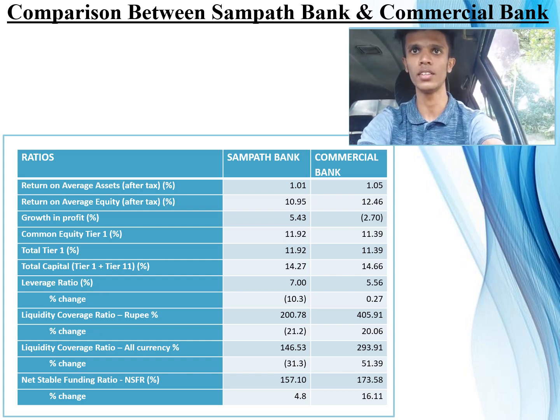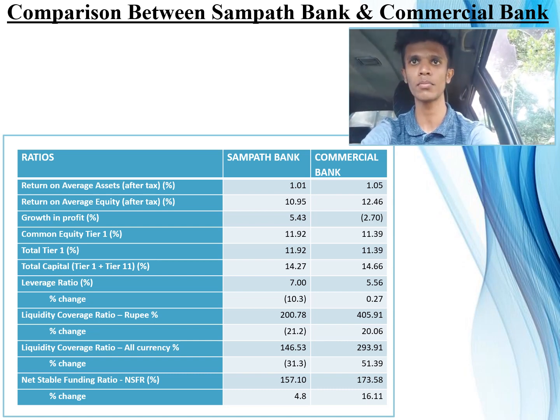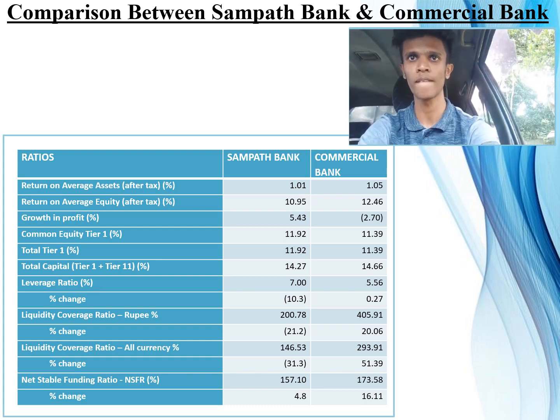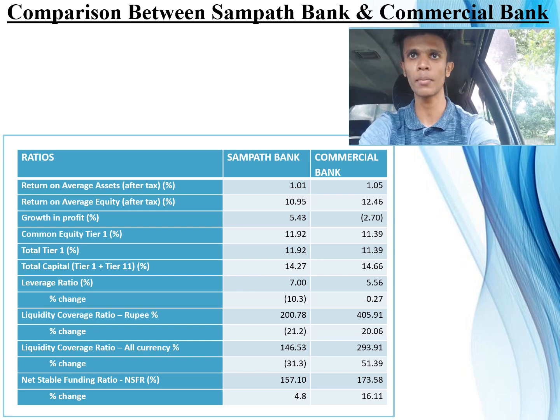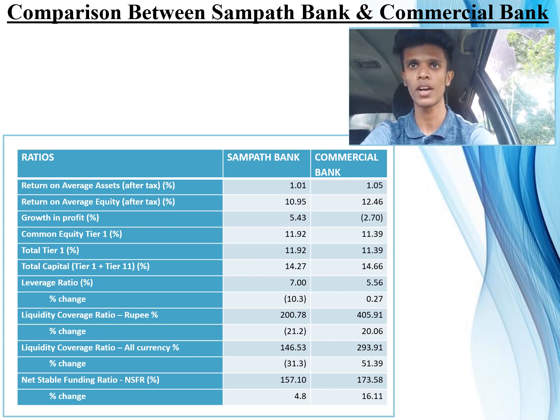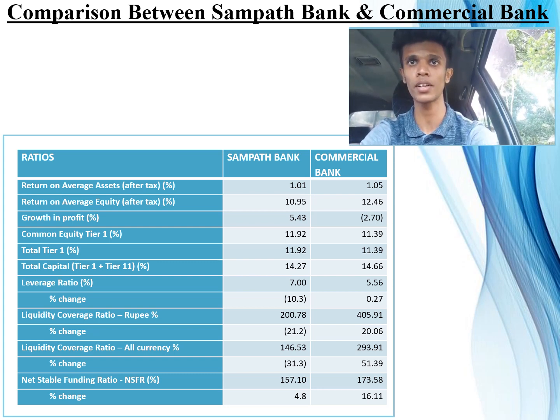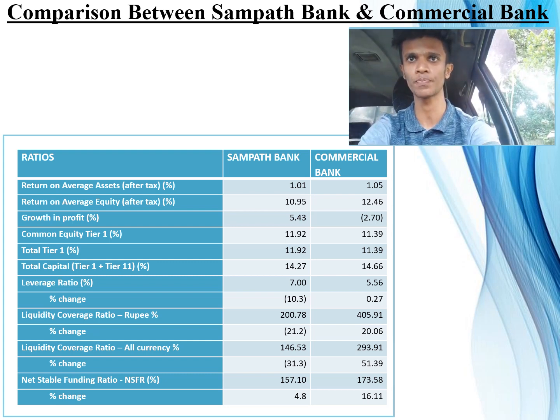The fifth one is the total Tier 1 capital ratio. Sampath Bank's total Tier 1 capital ratio is 11.92% and Commercial Bank's total Tier 1 capital ratio is 11.39%. Both banks have similar total Tier 1 capital ratios, indicating the proportion of higher quality capital in their overall capital structure. The next one is the total capital ratio.